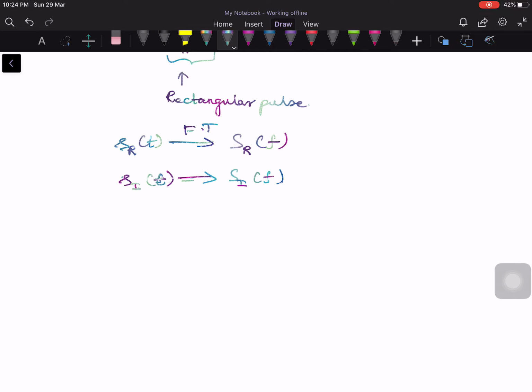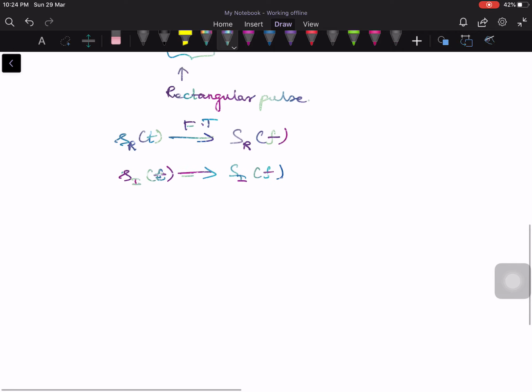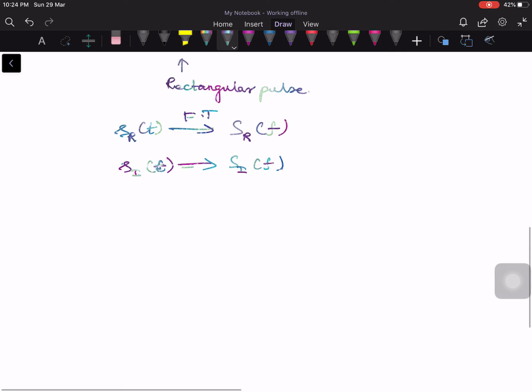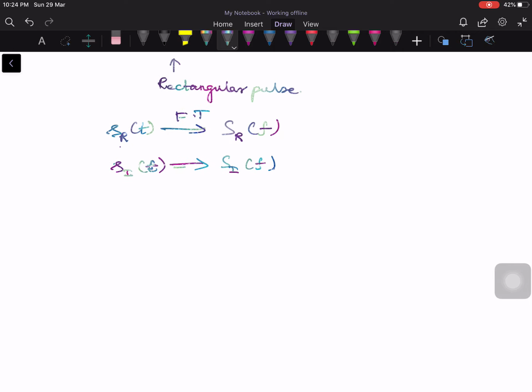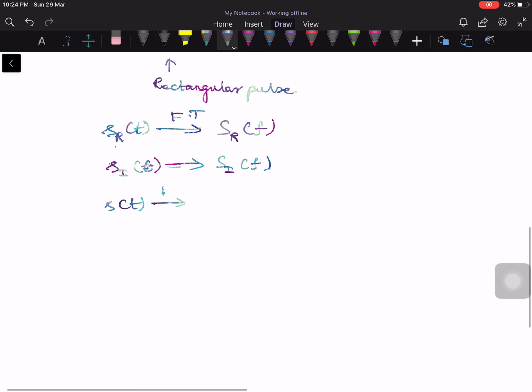Now, what can you say about the spectrum of such a pulse s of t? This is the Fourier transform of your baseband pulses s sub r of t and s sub I of t. Now we need to say something about the spectrum S of f. Let's say this is my passband signal, and you take the Fourier transform, then you will get S of f.